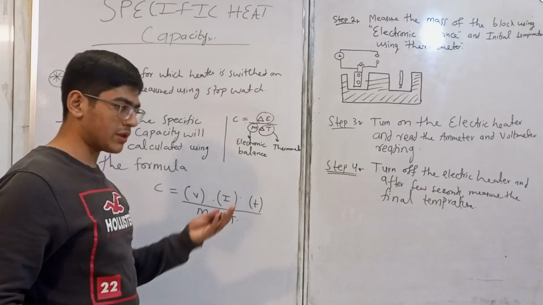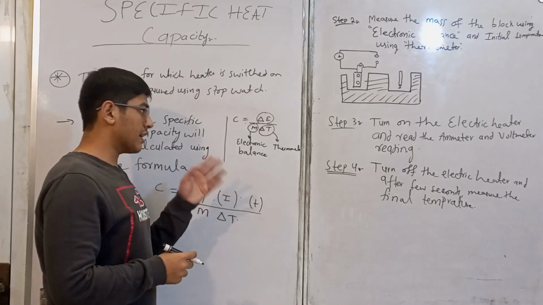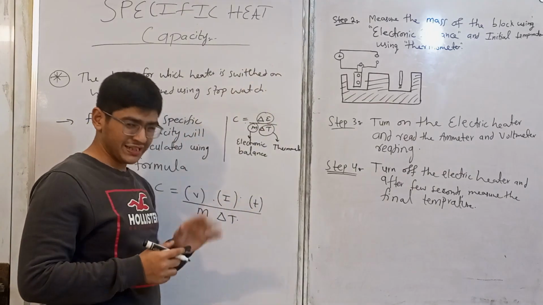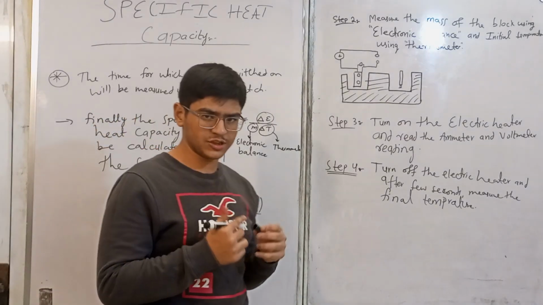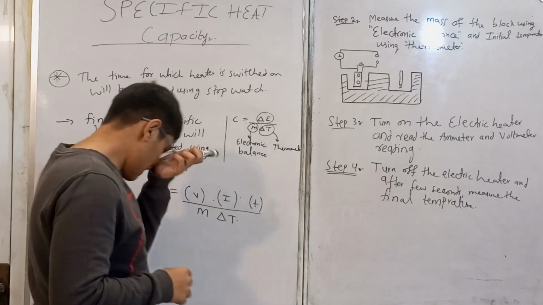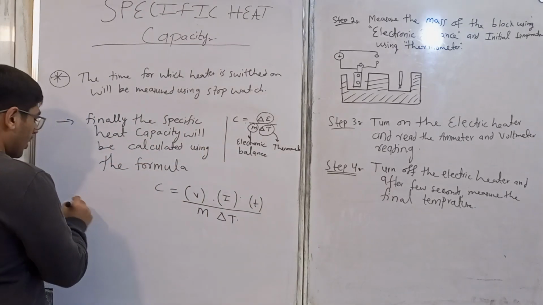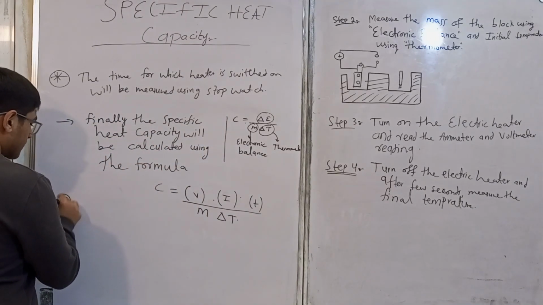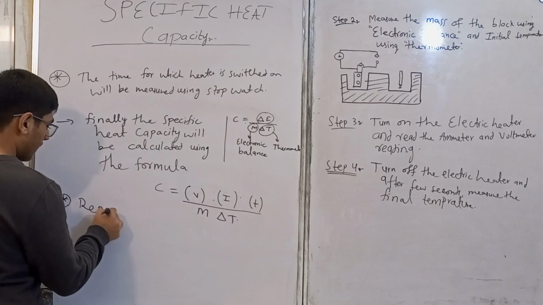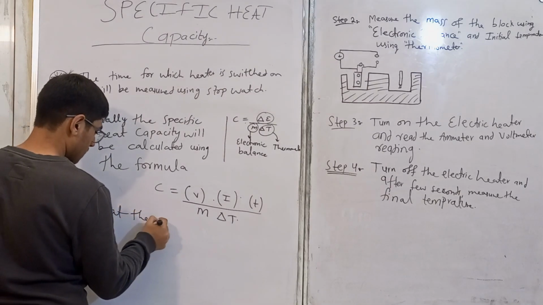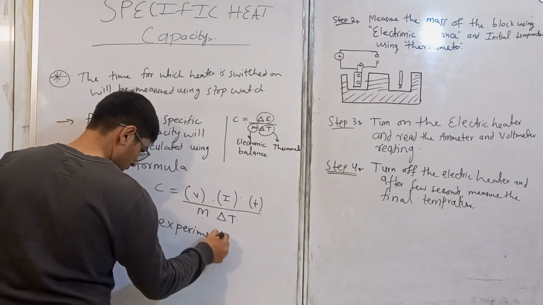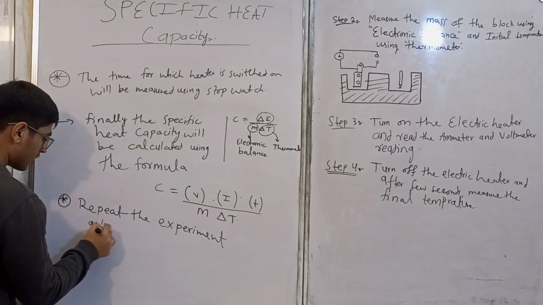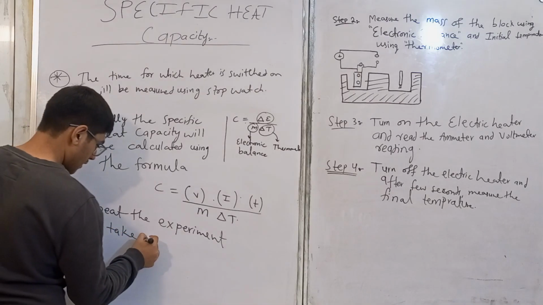It is the reading of the voltmeter. I is the current which is measured using an ammeter, and we will discuss these quantities in detail later in the section of electricity and magnetism. And the note point which you have to write in any experiment is: repeat the experiment and take the average for accuracy.